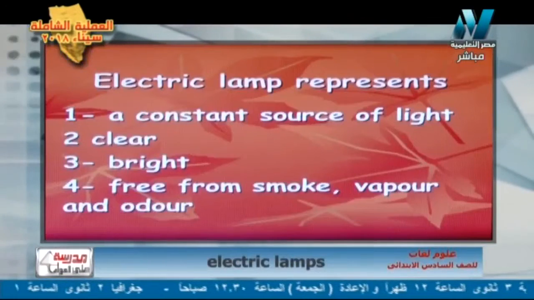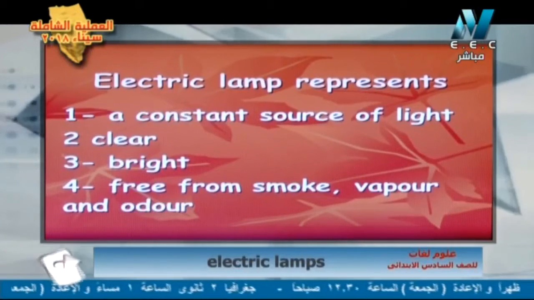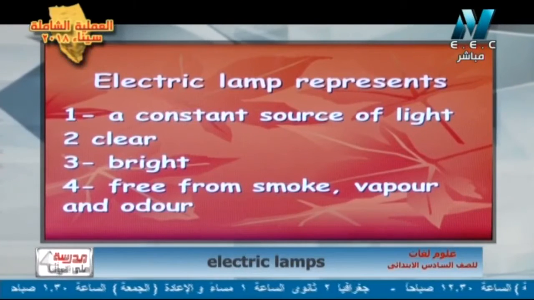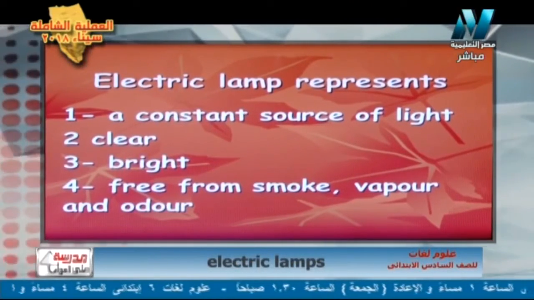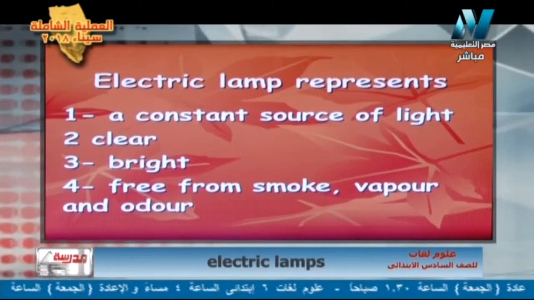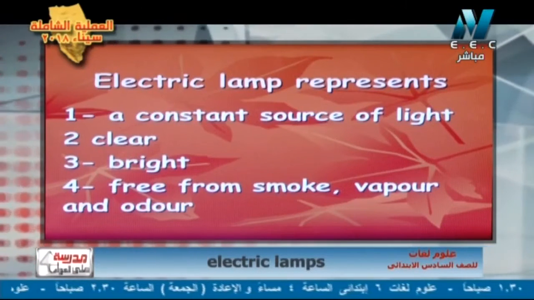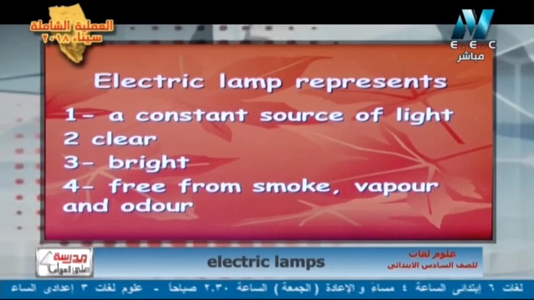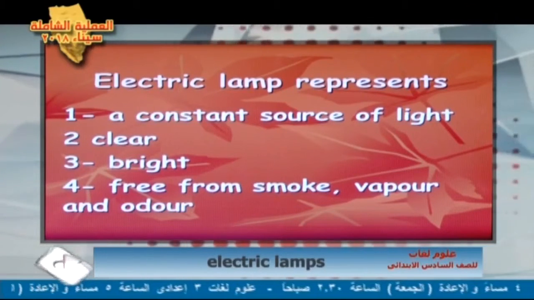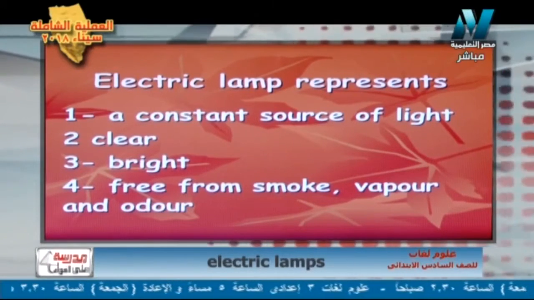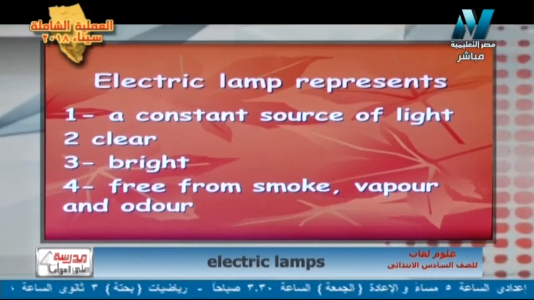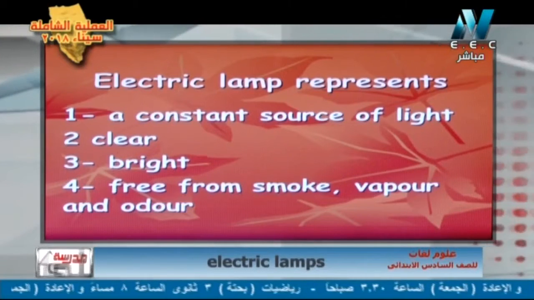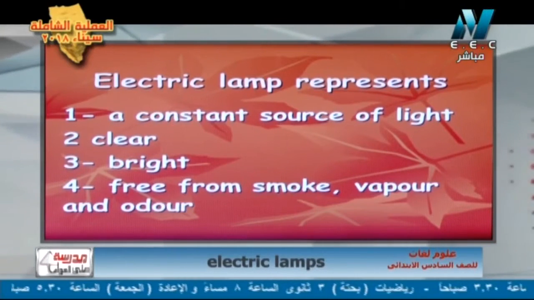Because electric lamp represents a constant source of light. هي مصدر ضوء دائم، يعني ضوءها بيقعد فترة أطول بكتير جدا من أي artificial source تاني such as candle or oil lamp. Also, its light is clear and bright. كمان ضوءها واضح وبراق. And also, it's free from smoke, vapor, and odor. كمان هي نفسها ما بتسببش أي أدخنة أو أبخرة أو غازات مضرة أو مش مستحبة للناس.